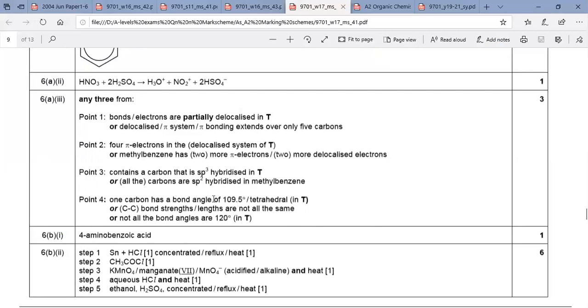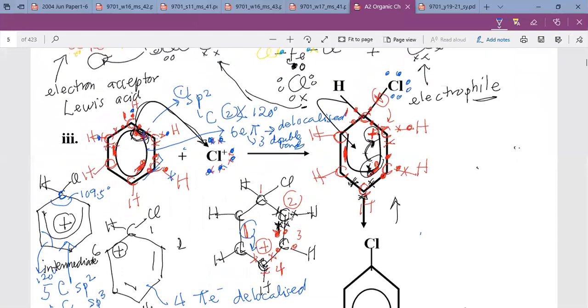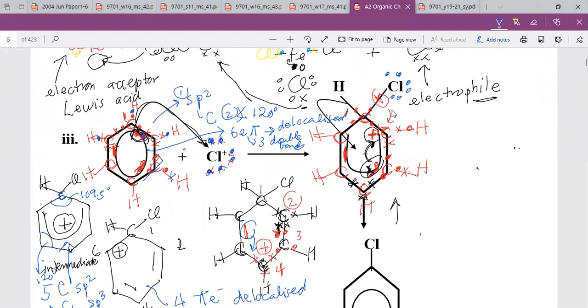One carbon has 109.5 tetrahedral, whereas for benzene, all the angles are 120. You see that? They will ask you for the intermediate. Got it? I talked about this already. Go back and look at it yourself.